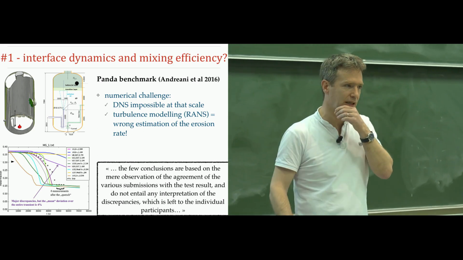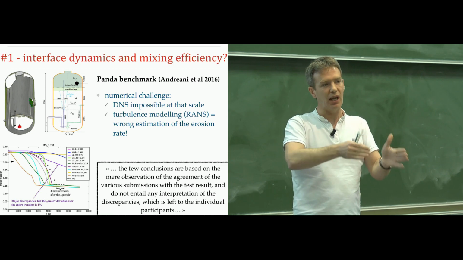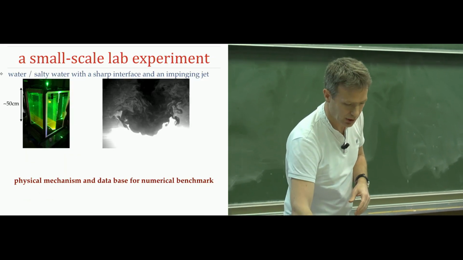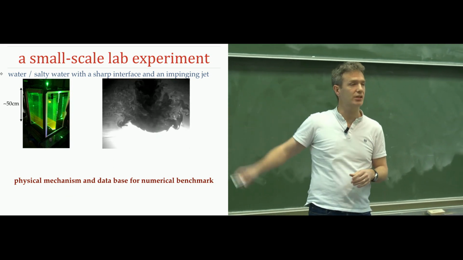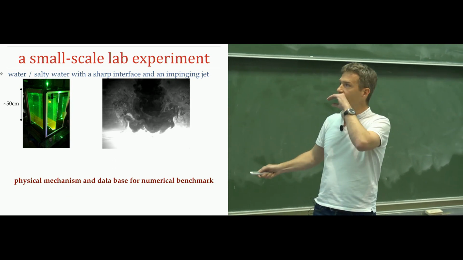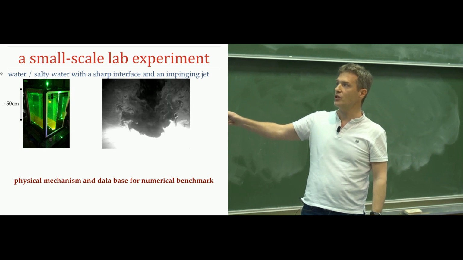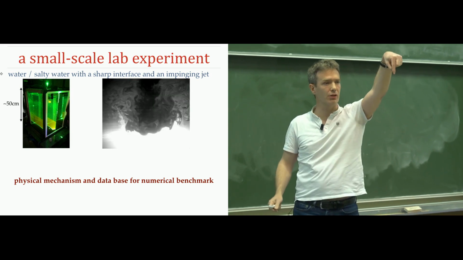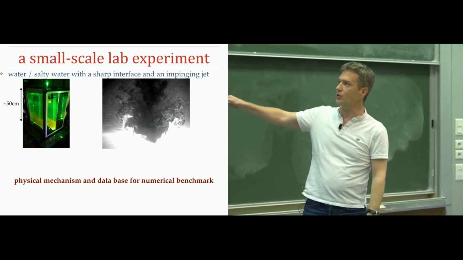To do that, instead of doing big experiments, we try to scale it down to a lab-scale experiment, much simpler. It's a tank about 50 centimeters high. We use salty water at the bottom, fresh water at the top, and we just have a single injection of fresh water from the top. This is what you see here.